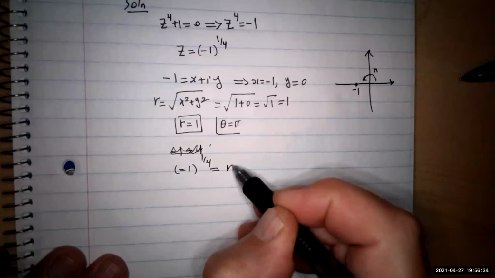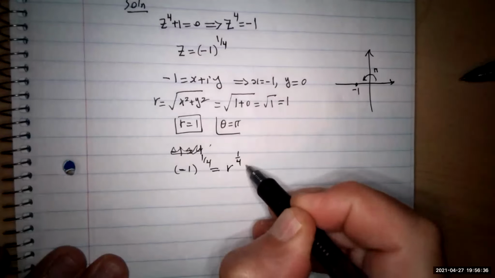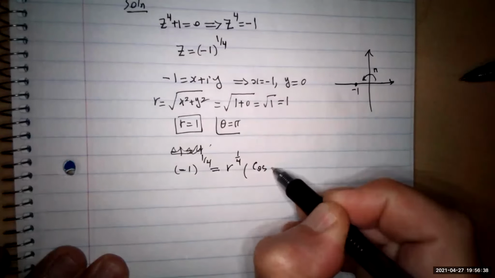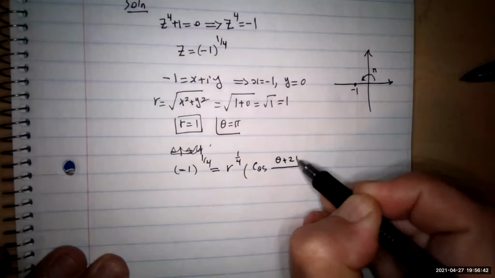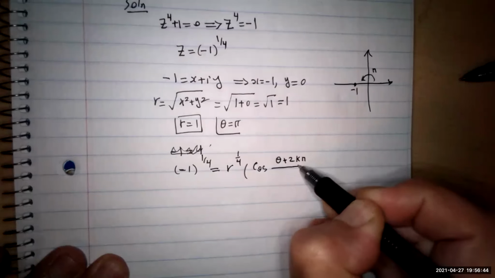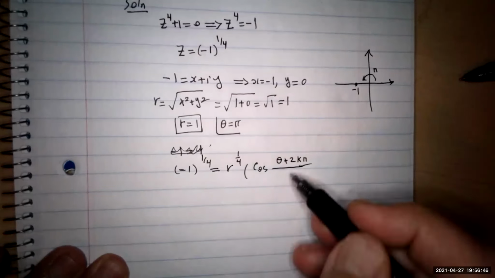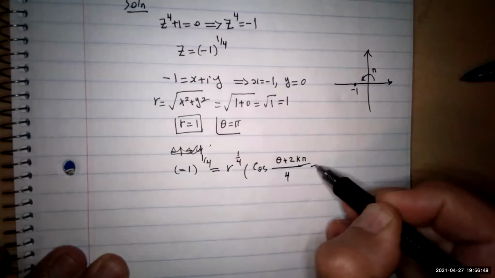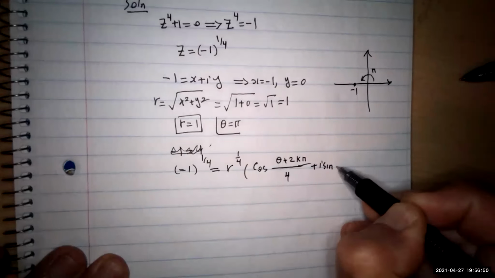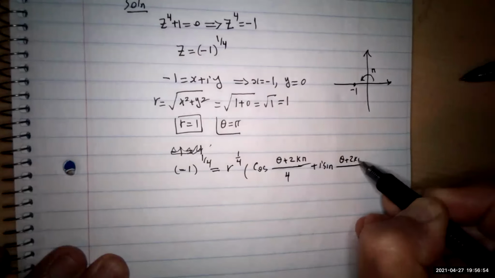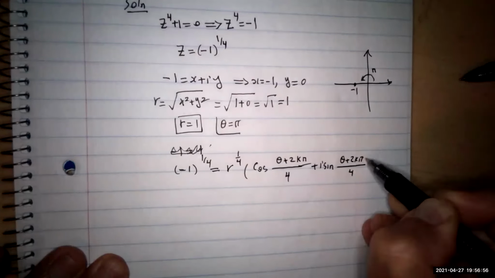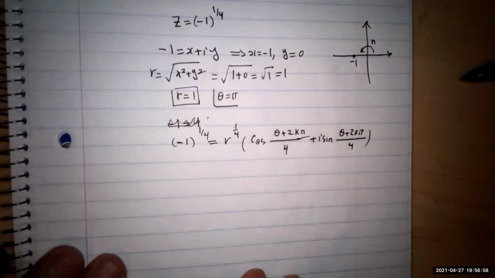It's going to be r to a quarter, times cosine of theta plus 2k pi divided by n, which is equal to 4, plus i sine of theta plus 2k pi divided by 4. Okay, this is your formula.